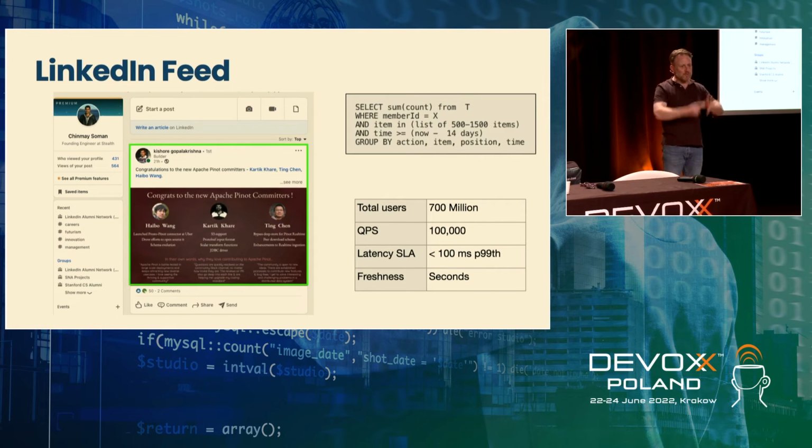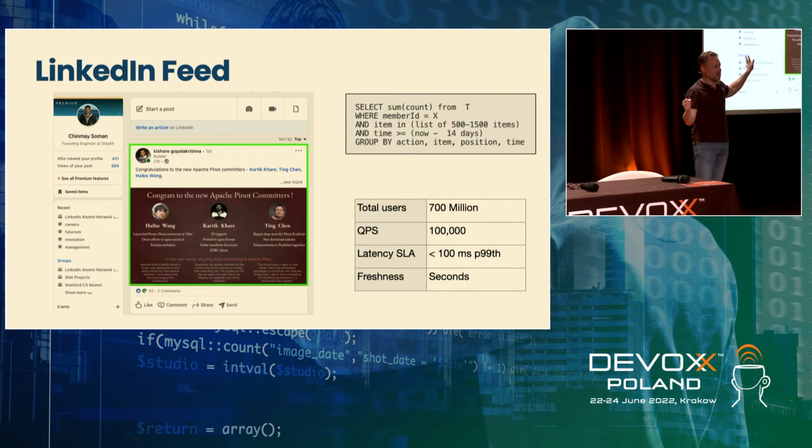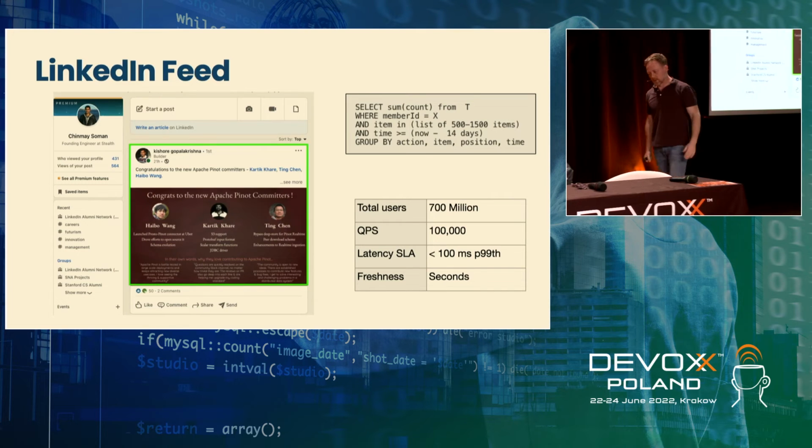All of these real-time events are coming into Kafka topics and getting consumed into a Pinot cluster. To figure out what to display on your feed, when you're loading a page, there's a Pinot query being satisfied. So the most elemental things on LinkedIn are driven by Pinot.